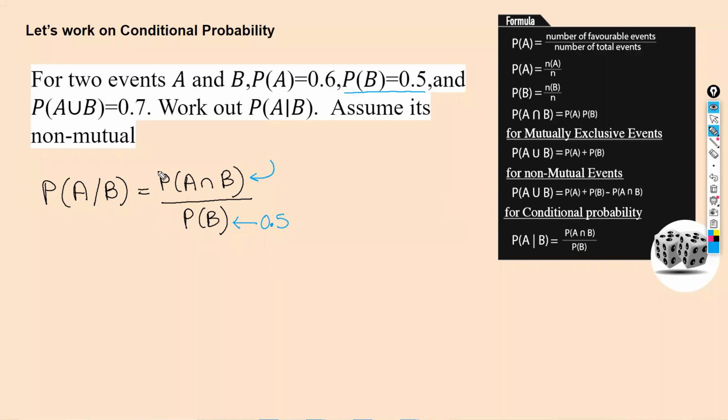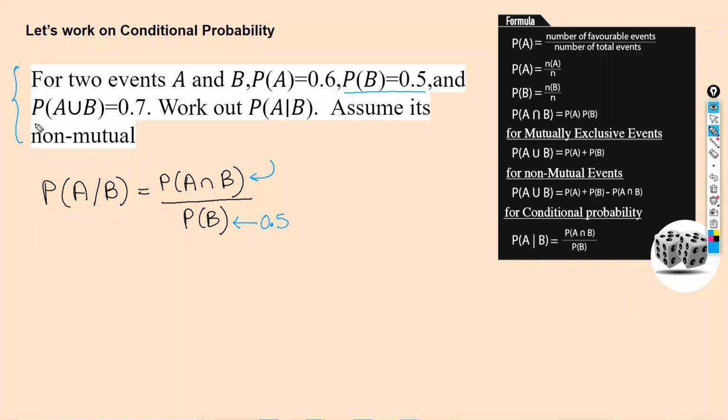But look at it carefully. Did the examiner give us A intersect B? Look at it properly. Did they give us it directly? I don't think they gave us it directly.